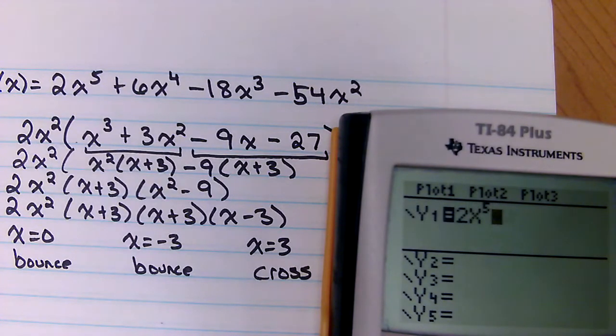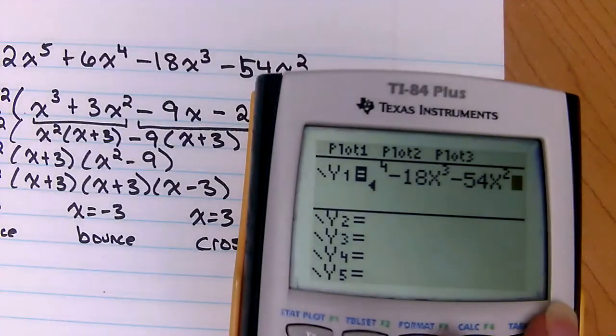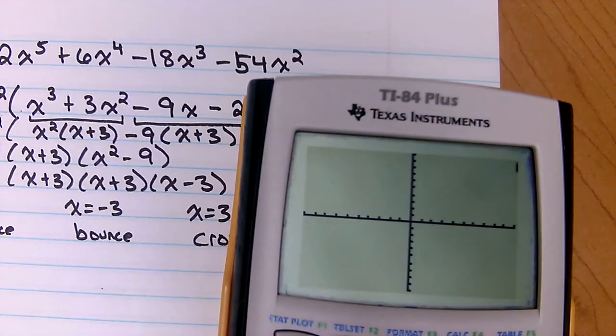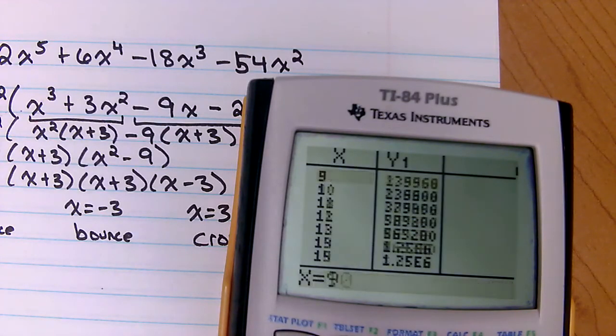Let's see if we could have gotten the same results by just looking at the graph. First off, I could have gone to the graph. Now, it looks like it's hitting at -3 and 0, but I need to check the table to double check.